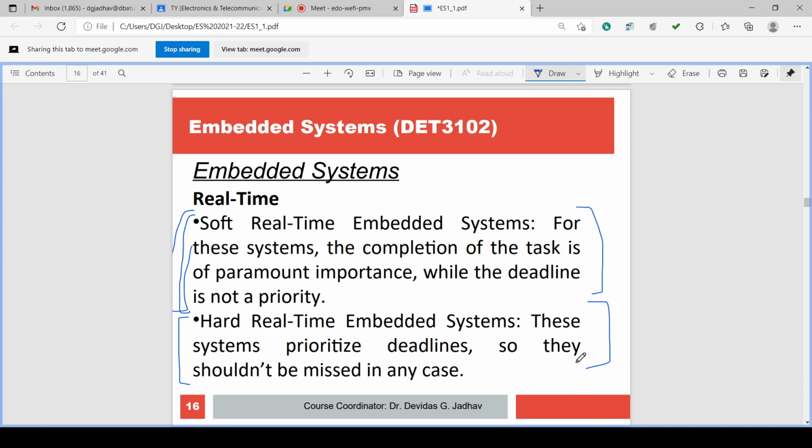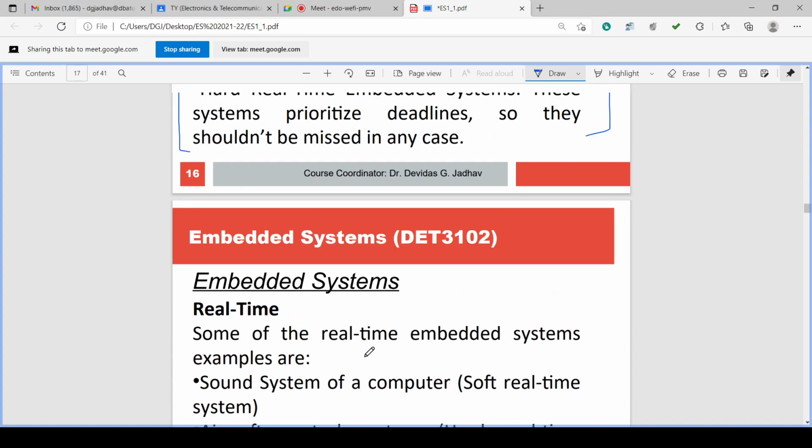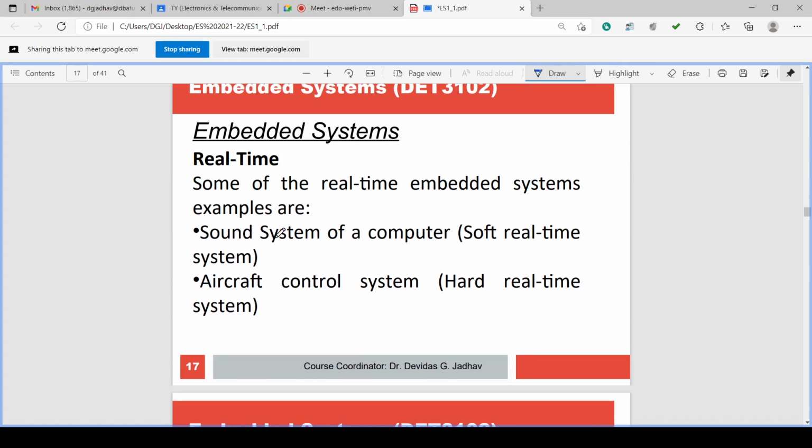So hard real time embedded systems prioritize deadlines. The deadline shouldn't be missed in any case. So these are the types of real-time embedded systems. Soft real-time embedded system is one. Hard real-time embedded system is another. Then there are real-time embedded system examples. Some of the examples.